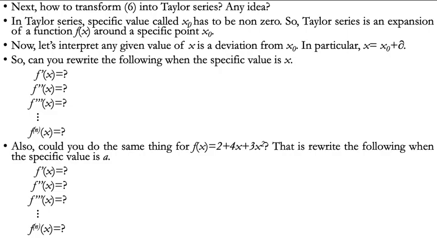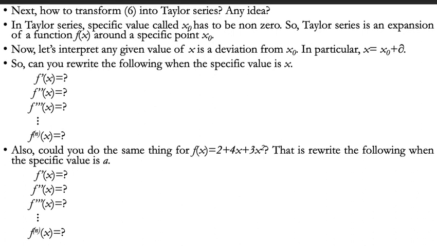Okay. Next, after we look at Maclaurin series, we want to look at Taylor series. So now our x0 has to be non-zero, yeah? Taylor series is an expansion of a function f(x) around a specific point, a point x0, which is not 0.